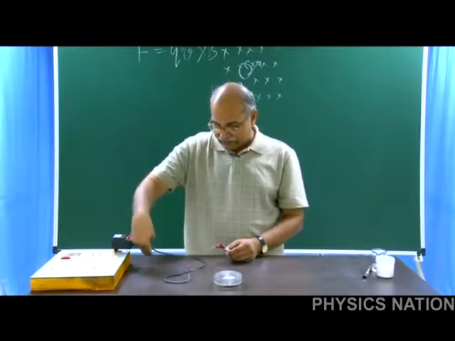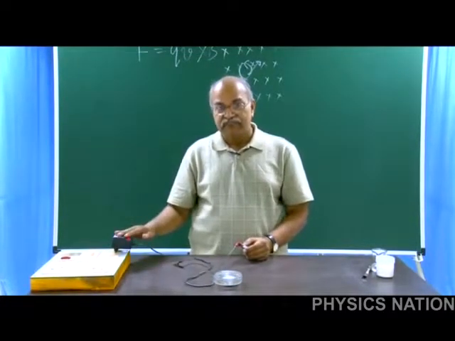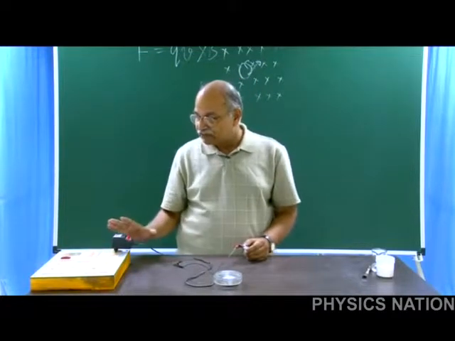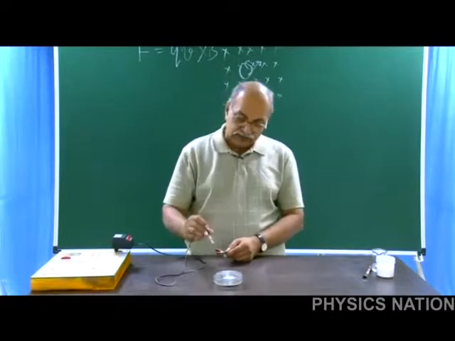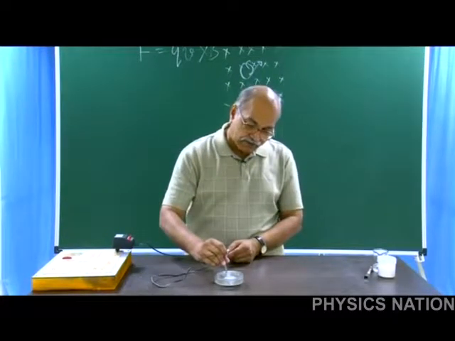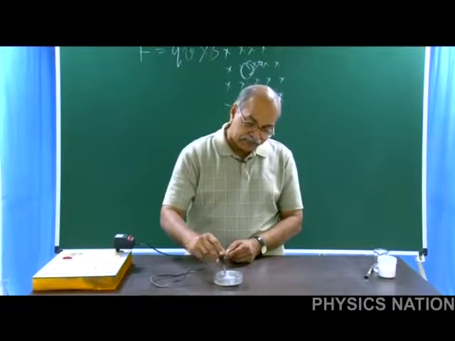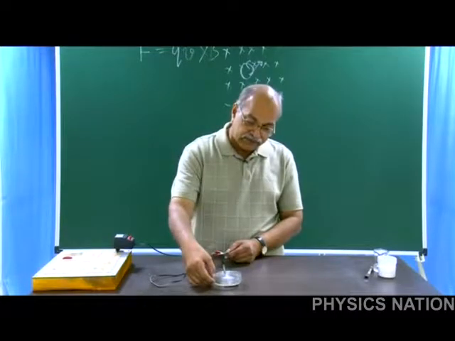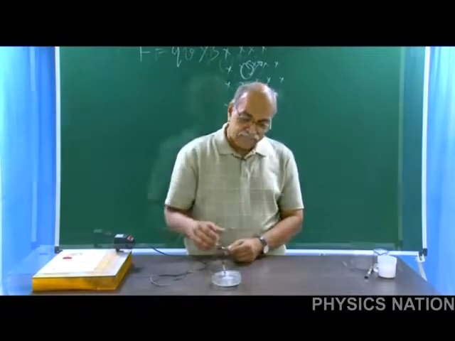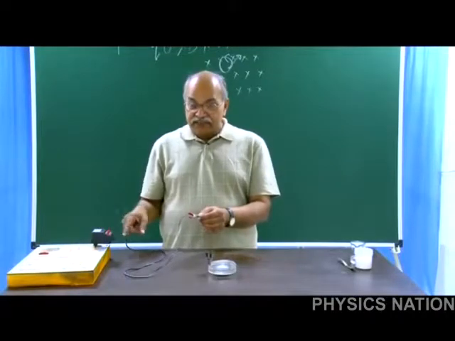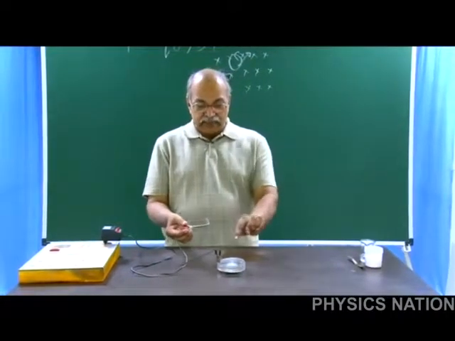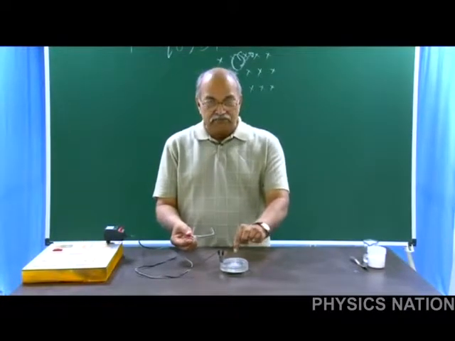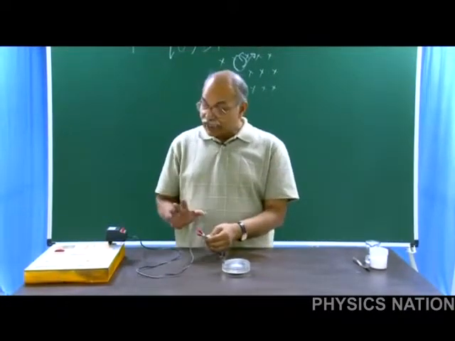I have an adapter which gives me some DC voltage. I connect one end of the adapter to this aluminum ring, and the other end of this adapter is connected to this aluminum plate, which I will be placing at the middle. So what will happen?